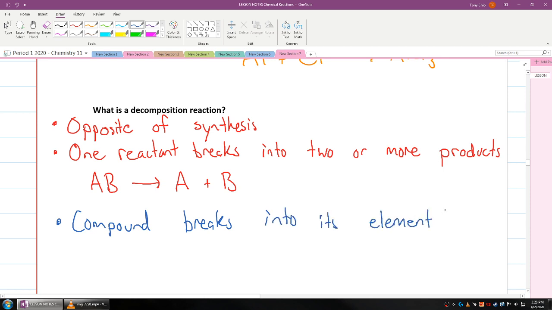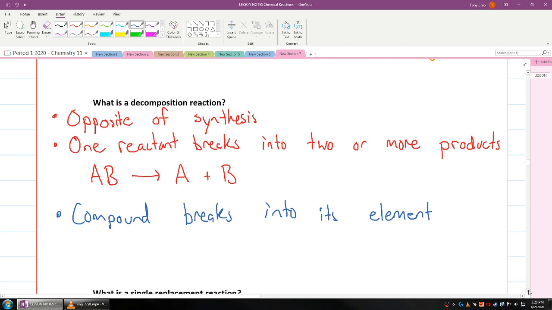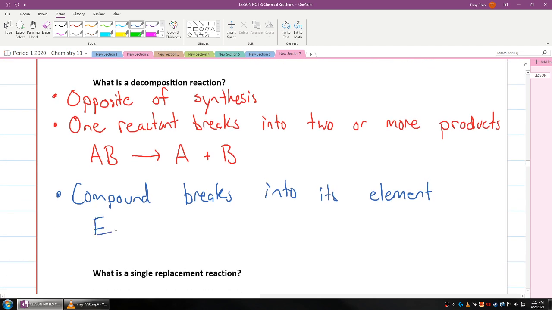Sometimes it might break a compound into another compound, but most of the time it is usually a compound breaking apart into its elements. So an example would be, if you talk about NaCl, it will break apart into Na plus Cl2. So this is aqueous, this is solid, and this is a gas.